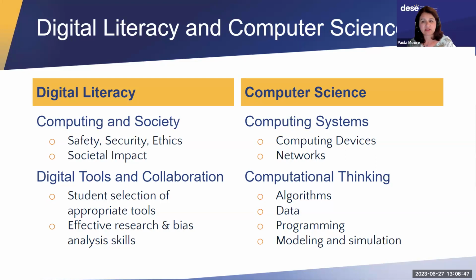So although we have CS in the name of the CS Engage grant, it really is covering digital literacy and computer science. We feel like a lot of districts have more of the digital literacy in their districts, so we really want to engage students in the computer science aspects. That's why we called it CS Engage.